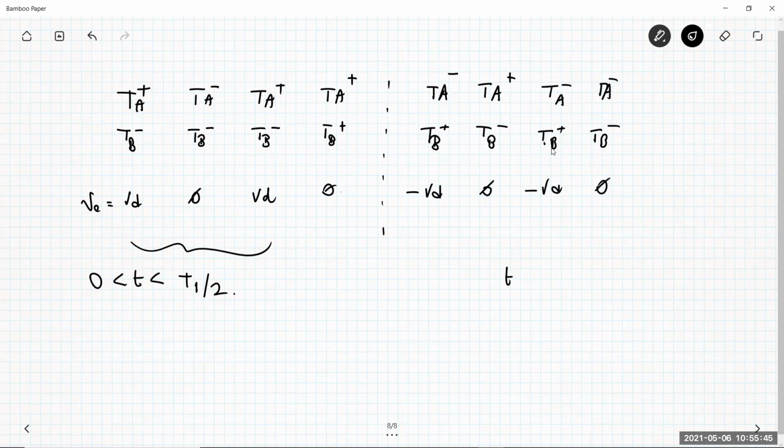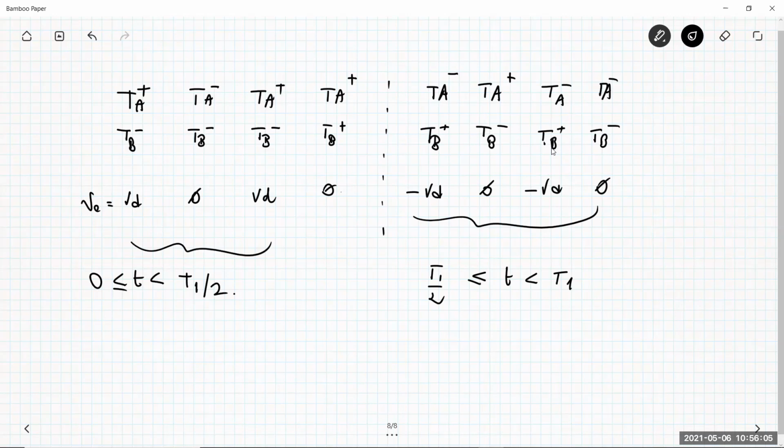So this is for the range from T1 divided by 2 to T1. The sequences are exactly in the same form as the sequence that we have already discussed.